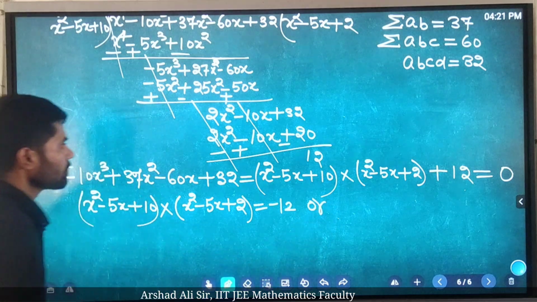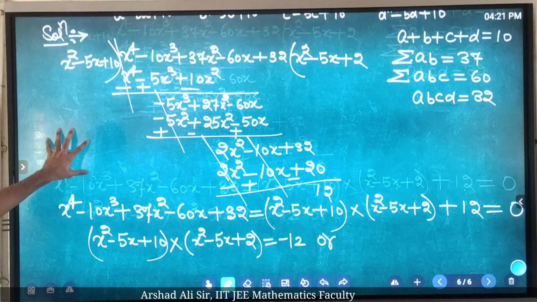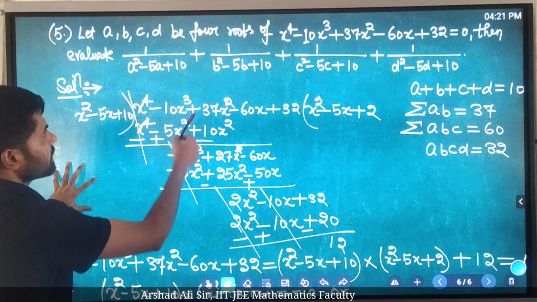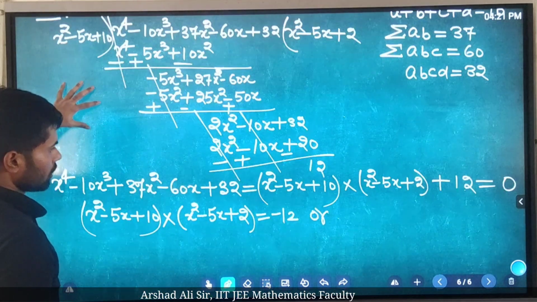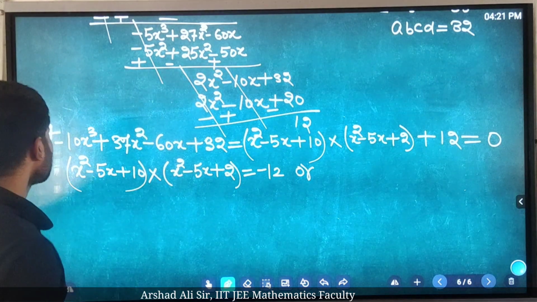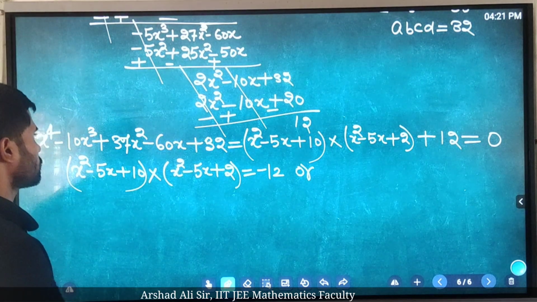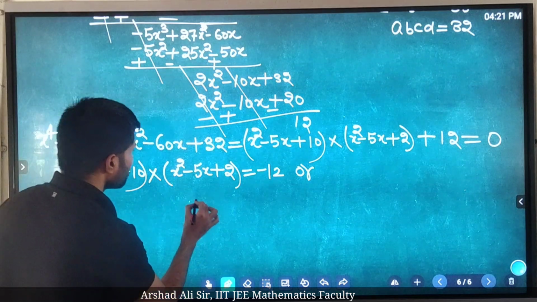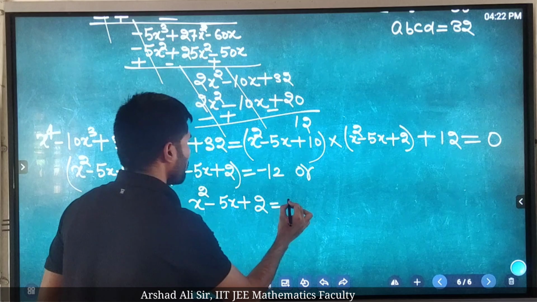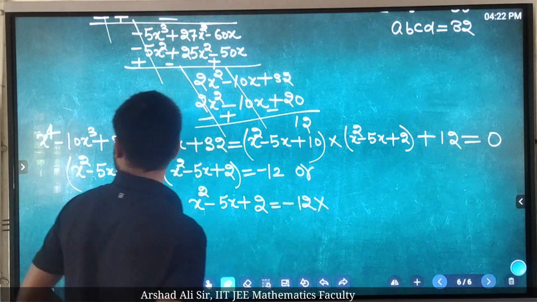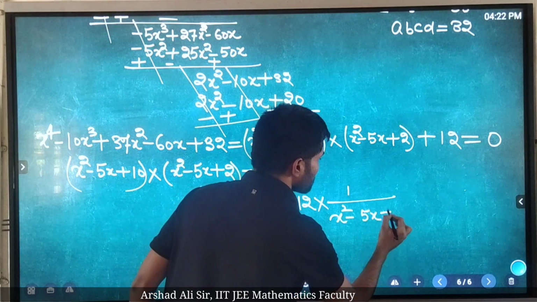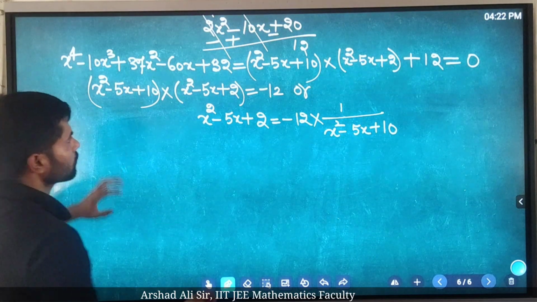We can see clearly that in the denominator we have a function of type x square minus 5x plus 10. So according to the question we will interchange this, so plus 10 must be in the denominator. So we can say x square minus 5x plus 2 is equal to minus 12 multiplied by 1 by x square minus 5x plus 10. We can find the value of this one.